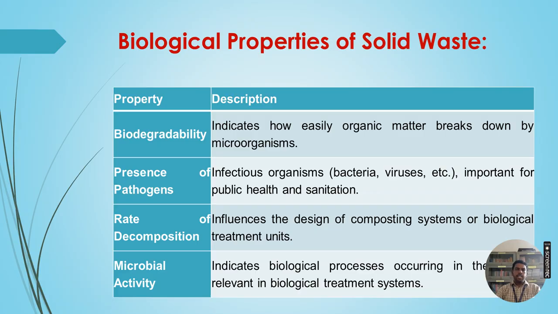Pathogens means bacteria and viruses present in that particular matter, and they are very harmful to public health and sanitation. For the rate of decomposition, moisture content plays an important role. Microbial activity takes up oxygen, and the growth of bacteria becomes very high. In that situation, some new viruses and new bacteria are produced in that particular matter.